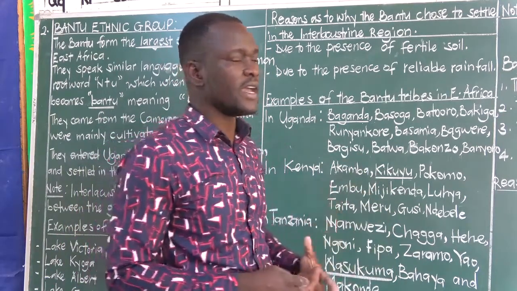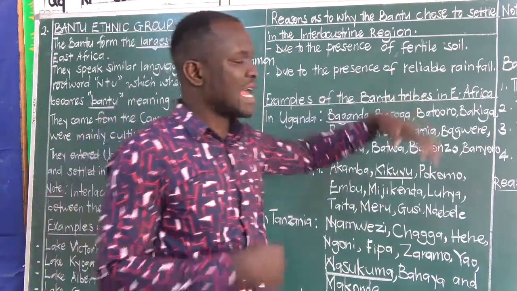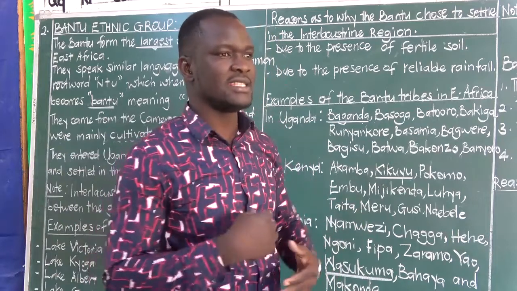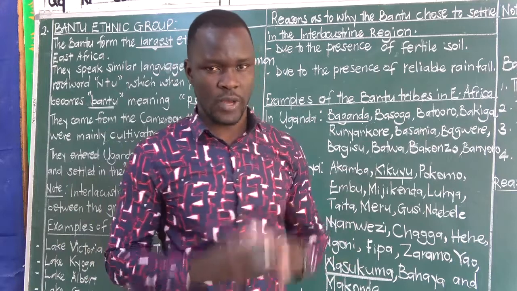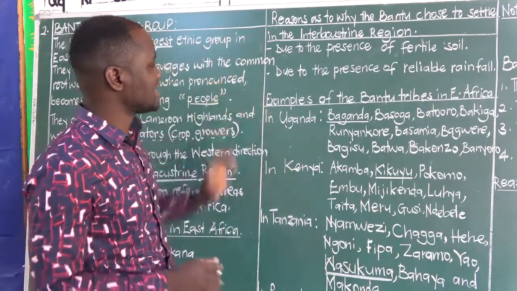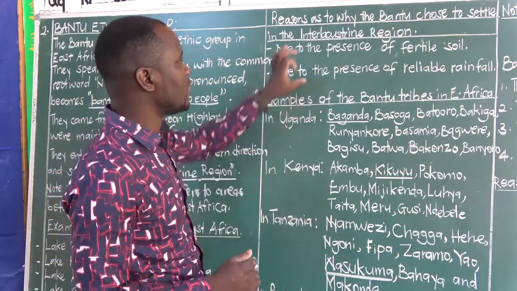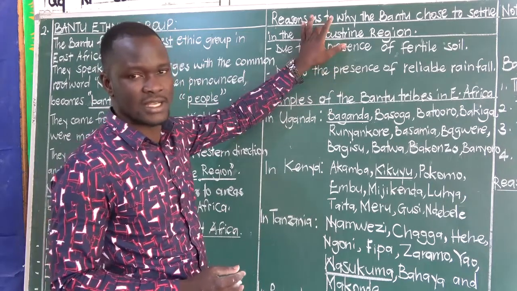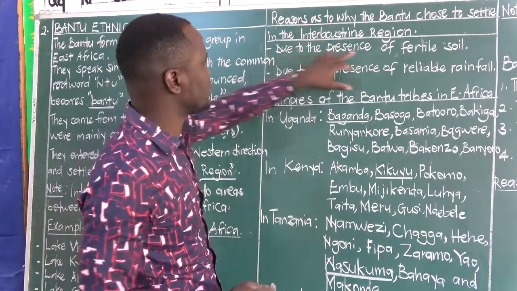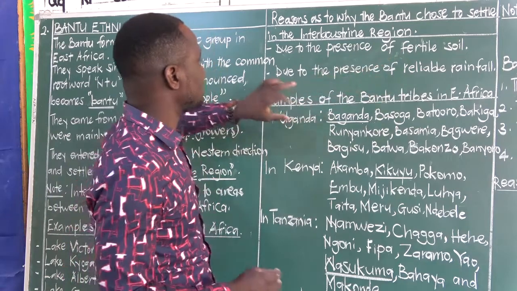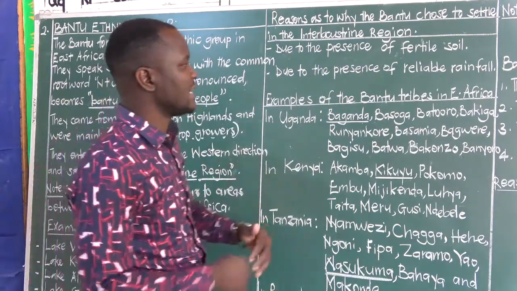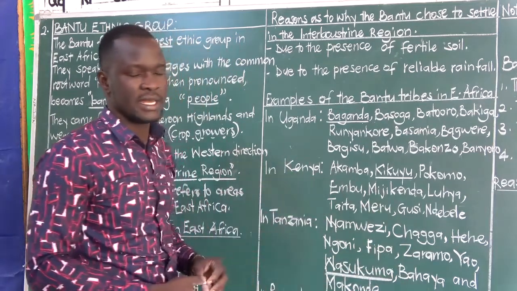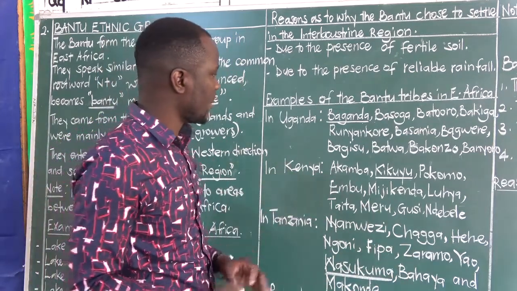They had to look for areas that had reliable rainfall, areas that received a lot of rainfall so that their crops could grow well easily. Those are the factors they were considering, and they found them in the interlacustrine region due to the presence of fertile soil, and then the presence of reliable rainfall, that is, enough rainfall in the interlacustrine region.